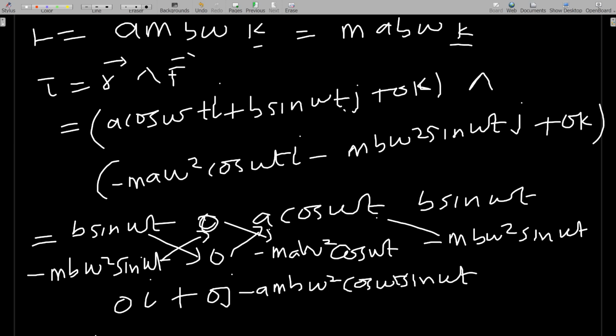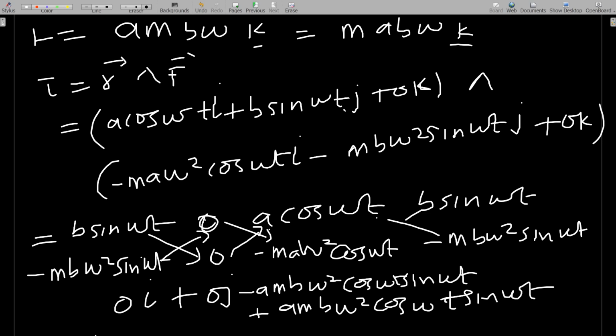Then minus this time this, but you realize that there is a minus here already, so it becomes plus a m b omega squared cos omega t sine omega t. So they are the same.